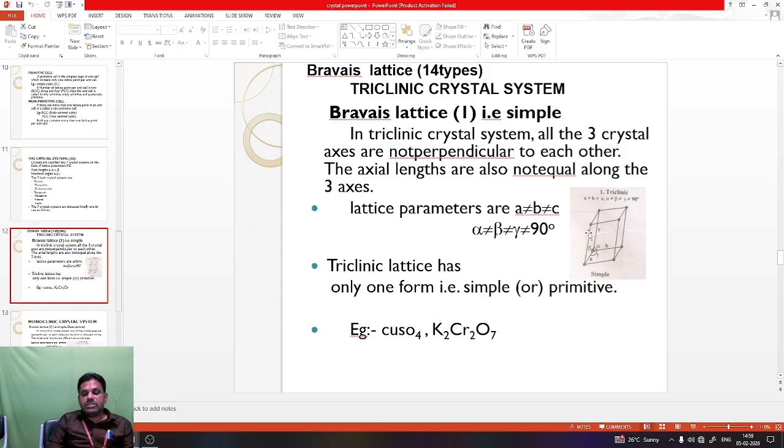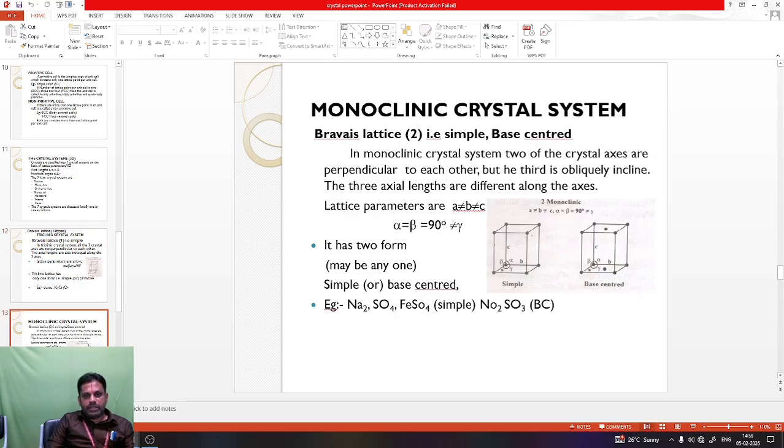So this crystal is inclined, like a parallelogram. The triclinic lattice has only one form, the simple or primitive form, where atoms are located only at the corners. For example, copper sulfate and potassium dichromate are examples of the triclinic system.